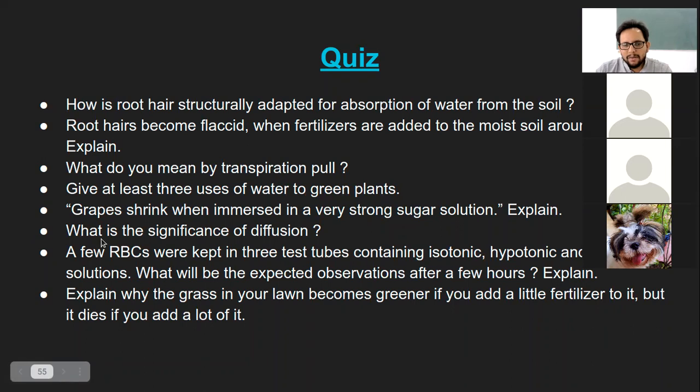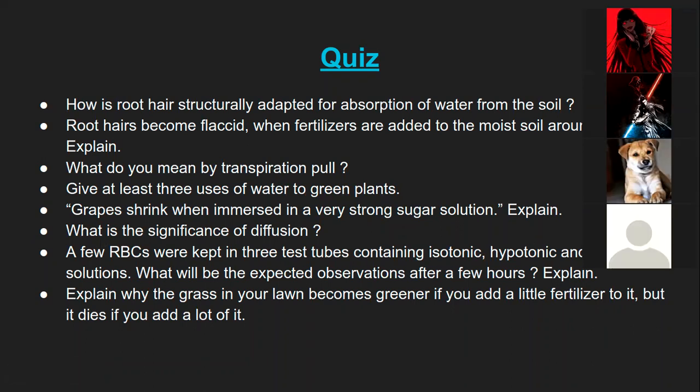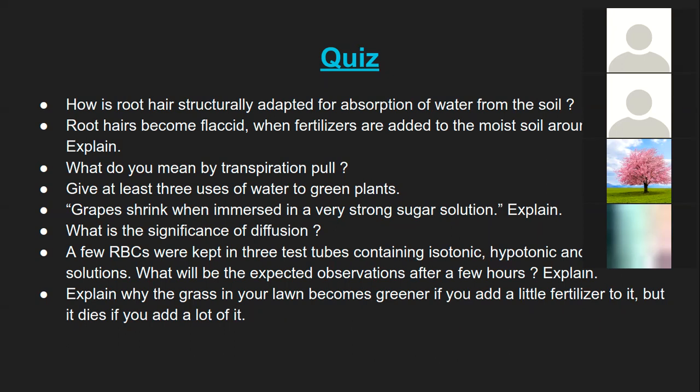Next, what is the significance of diffusion? Anusha. Diffusion is the movement of particles from higher concentration to lower concentration. Okay, that is the explanation of diffusion. What is the significance?